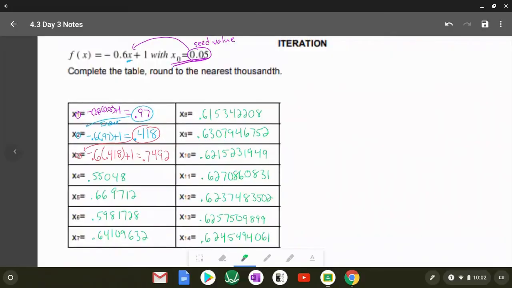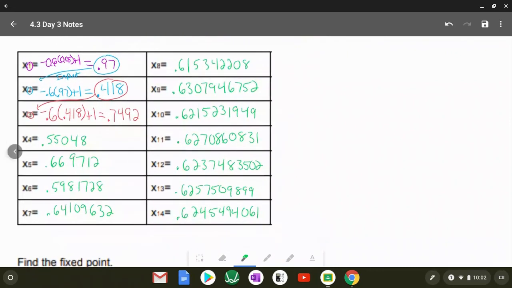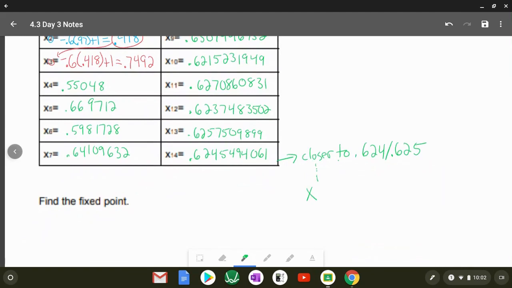As we go through the further iterations on this list, you're going to notice we start approaching, in this case, some number of 0.624 or 0.625, right? If I keep hitting enter and keep going down, the 46th iteration would be 0.625.